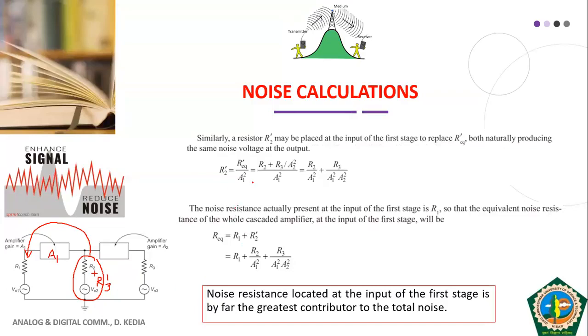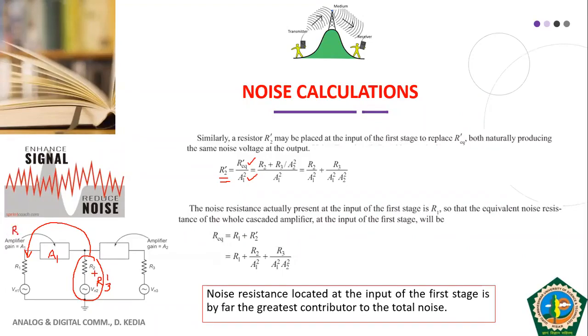So this is what has been done here: your R dash equivalent has been divided by A1 square, and we get R2 dash. So this, shifted to the input side, gives us R2 dash.